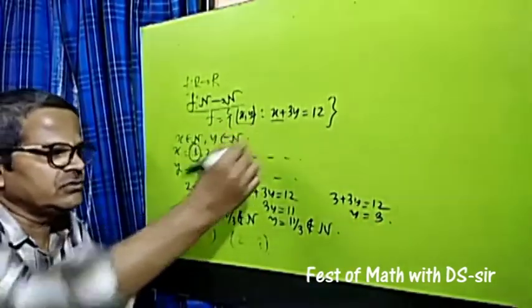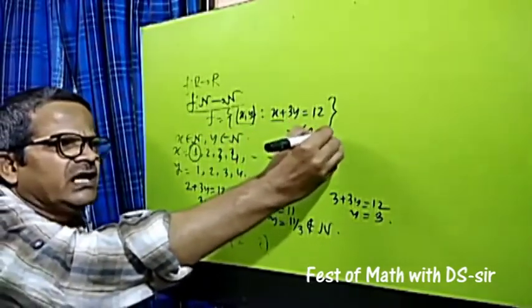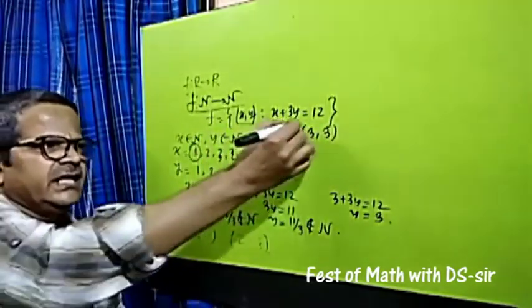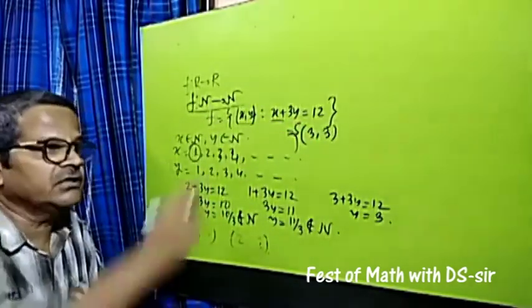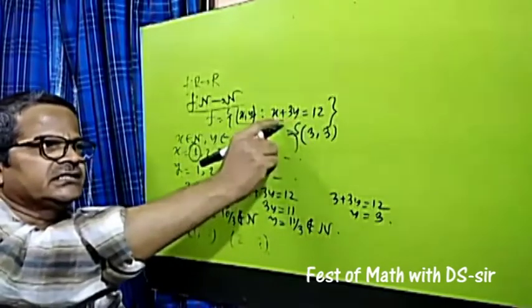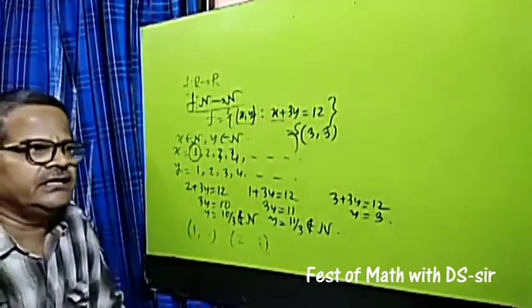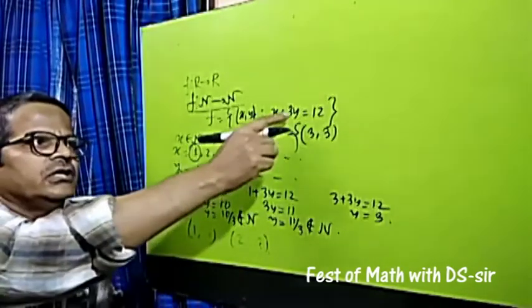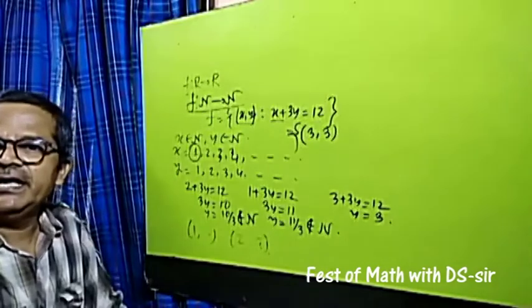So x is equal to 3 and y is equal to 3 is an element of this f, because when x is 3, y is 3 and 3 plus 3 into 3 is 12. Satisfied. Similarly, you can check with 4. You will say 3y will be 8.